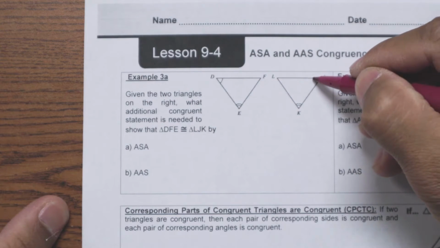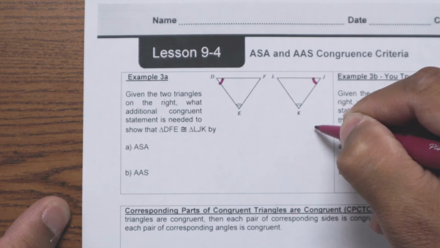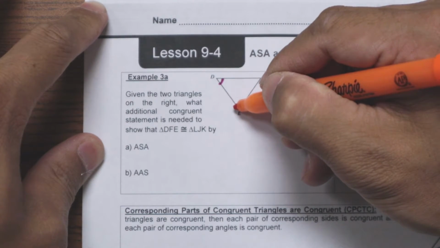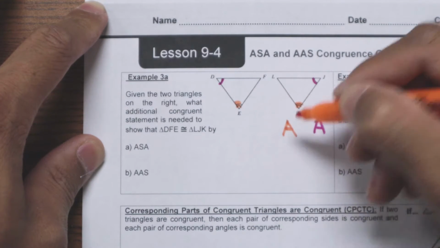I see that there is a pair of angle marks, and we're going to highlight it in purple. So therefore, we have a pair of angles. And then at the same time, we also see that there is another pair of angle marks. Here, we're going to highlight it in orange. So that's an A right there, okay?